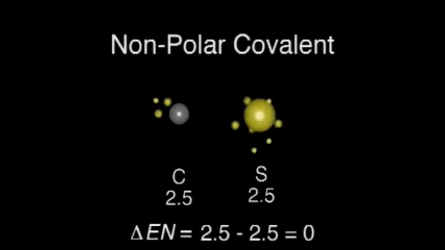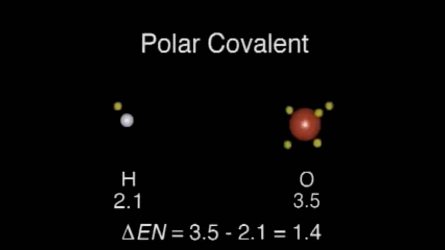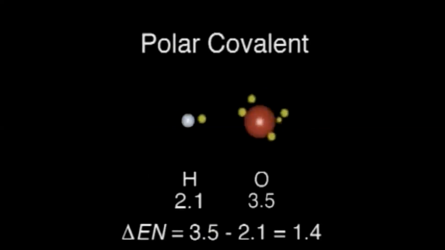In a carbon-sulfur bond, the electron pair is shared almost equally between the two atoms, resulting in a covalent bond. When hydrogen and oxygen react, the more electronegative oxygen atom cannot completely remove an electron from hydrogen. The shared electrons are attracted more to the oxygen than to the hydrogen atom. This unequal sharing is called a polar covalent bond. Polar bonds have a slightly negative and a slightly positive end.